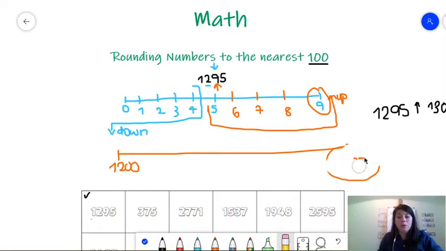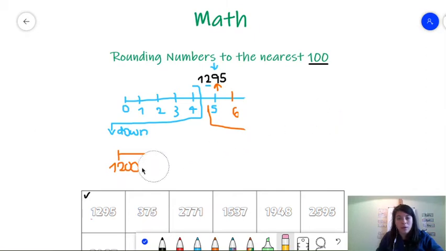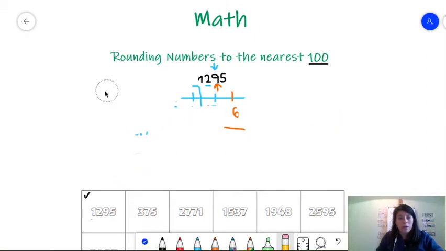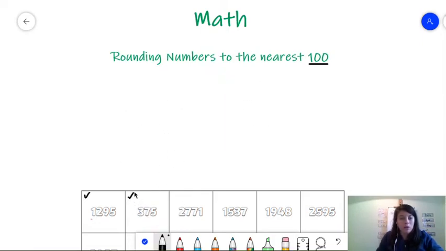I'm going to use my eraser because I'm going to do the next one, okay? I'm going to go and erase all of this. Here we go. Okay. Now, let's do this other exercise. 375. Now, I need to change the hundreds. But what number do I need to pay attention to?